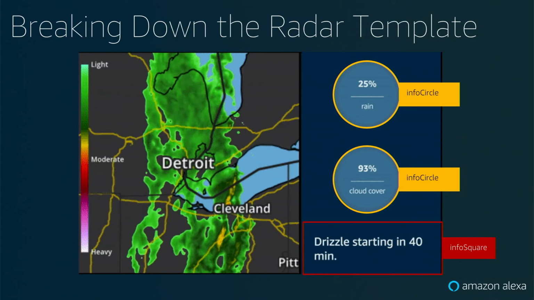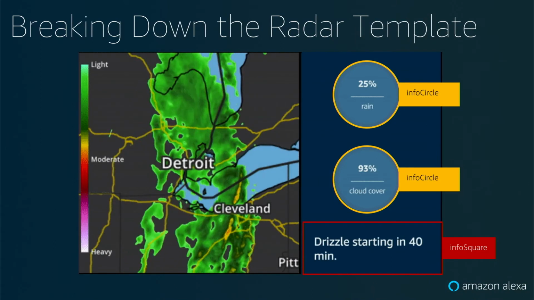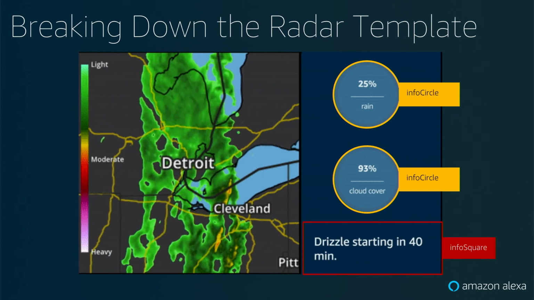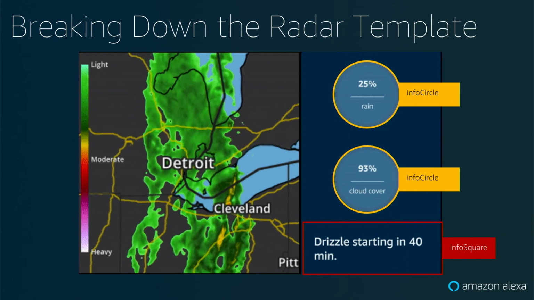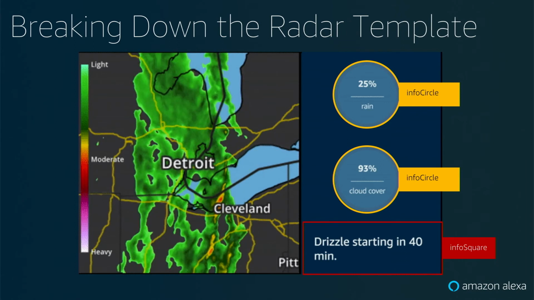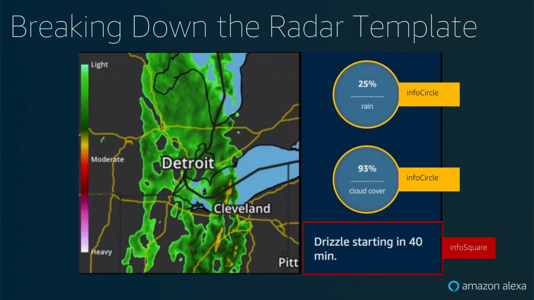The other kind of component that you can get in APL are custom components. These aren't native. These are components that you have to define for yourself. On the right-hand side of the screen, you can see a couple of circular visual elements. I call them info circles. Those are custom components that I created and defined, and then I could use throughout the Big Sky skill.